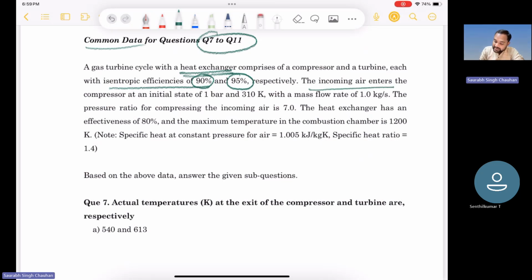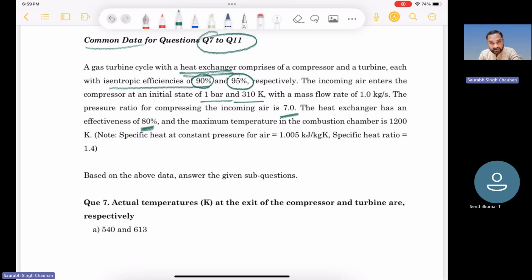The incoming air enters the compressor at an initial state of 1 bar, 310 Kelvin, with a mass flow rate of 1 kilogram per second. The pressure ratio for compressing the incoming air is 7. The heat exchanger has an effectiveness of 80%.